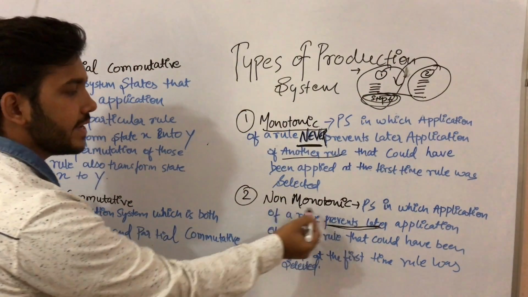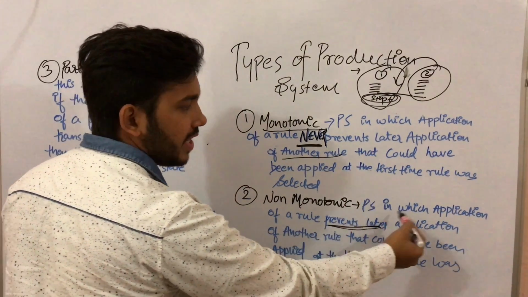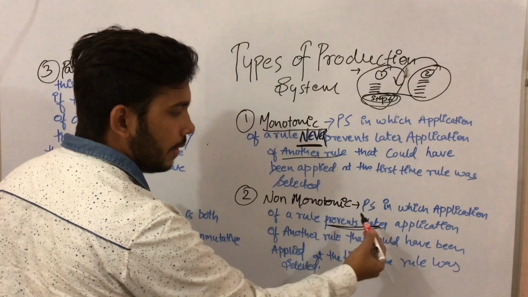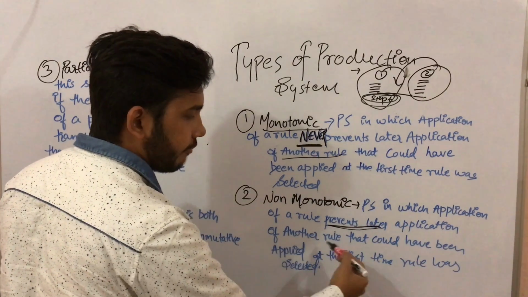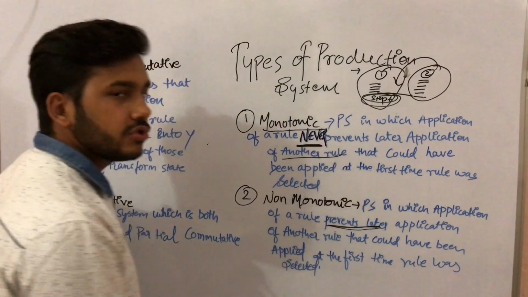But unlike that, a non-monotonic production system is a production system in which application of a rule prevents later application of another rule that could have been applied at the first time when rule was selected.